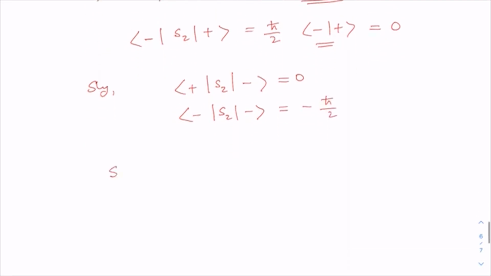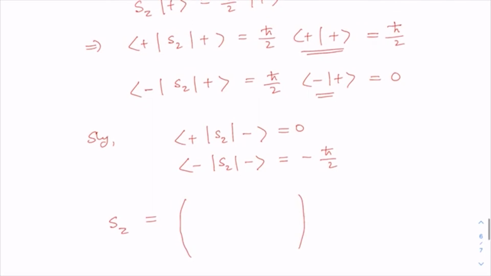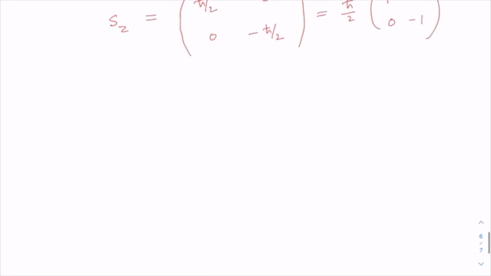Therefore the matrix representation of this operator would be h cross by 2 in the first element, 0, 0, and minus h cross by 2, which you can also write as h cross by 2 times the matrix 1 0 0 minus 1. Many times we would prefer to work in particular basis states over the other ones.